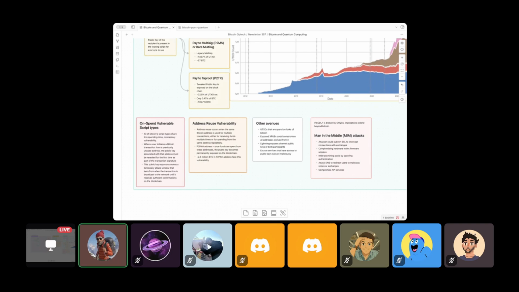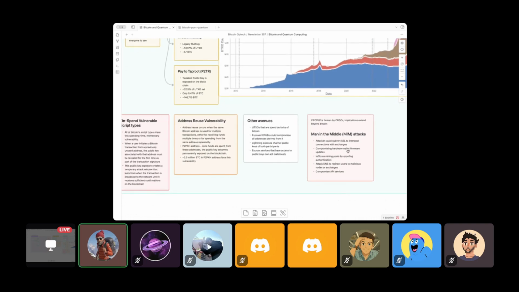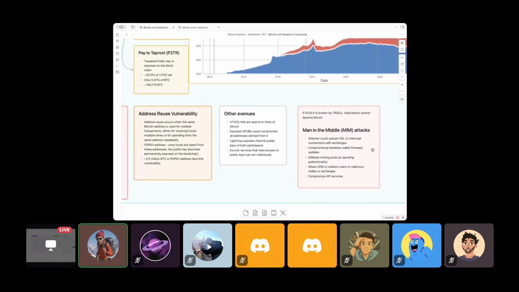Then we had a discussion about man in the middle attacks. Apart from posing threats to the foundations in Bitcoin, quantum also poses threats to the foundations of all tech, particularly in the internet. They can break SSL. So this brings in a big threat vector, which is the man in the middle attack.